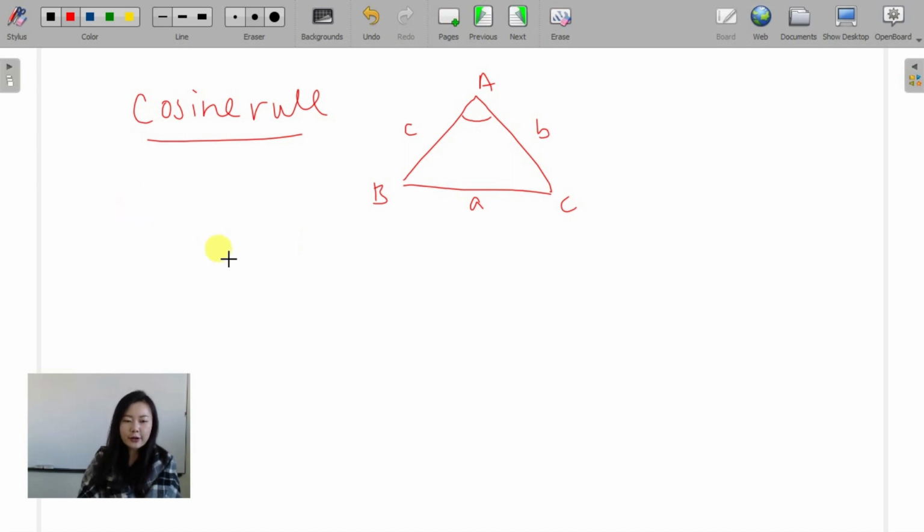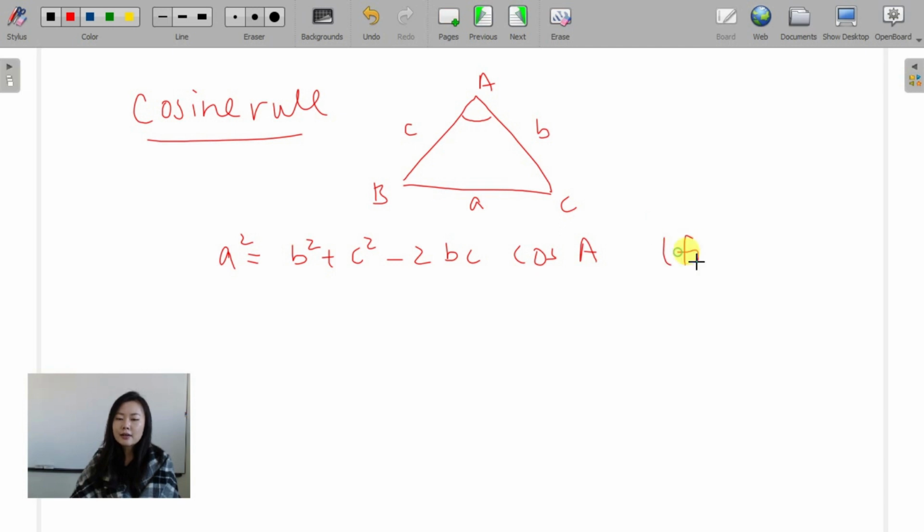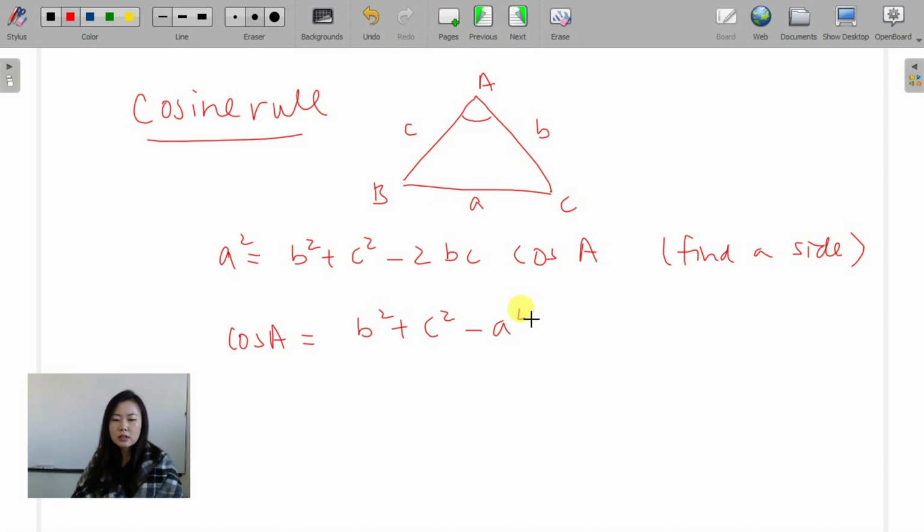So a squared is equal to b squared plus c squared minus 2bc cos A. That's for finding a side if you have an angle and the two adjacent sides. Or if you want to find the angle, cos A, you can use a rearrangement of this formula: b squared plus c squared minus a squared, all over 2bc. All right, so that's a brief overview.